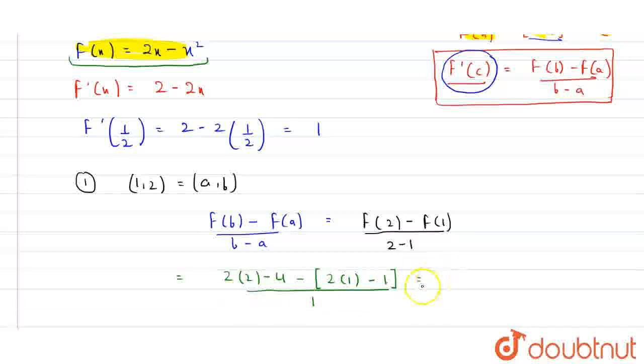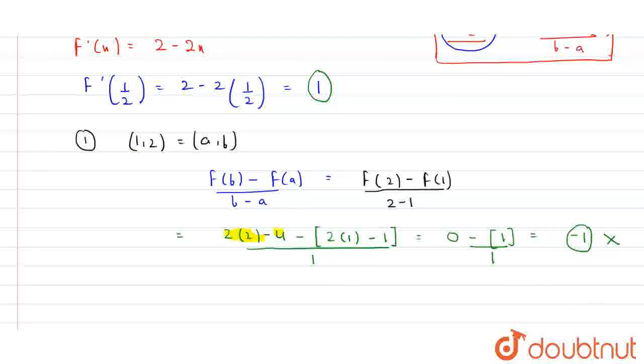On solving this, it will be 0, because 2 times 2 minus 4, so 4 minus 4 is 0. For the next term, minus 1 upon 1, so it will be equal to minus 1. My LHS was 1 and here I am getting minus 1, so this is not satisfied.